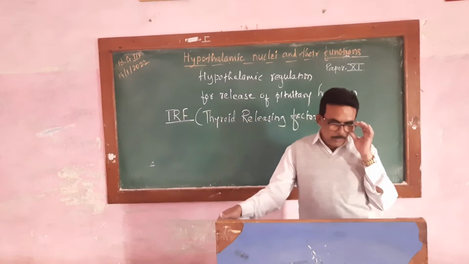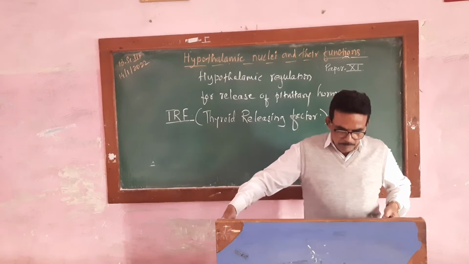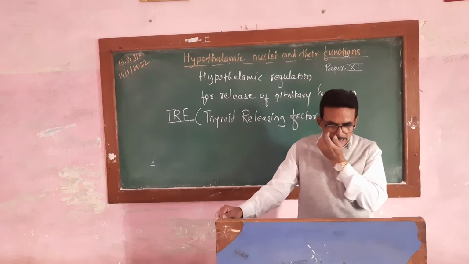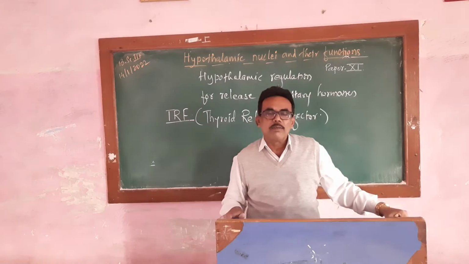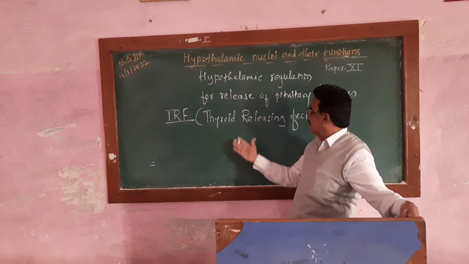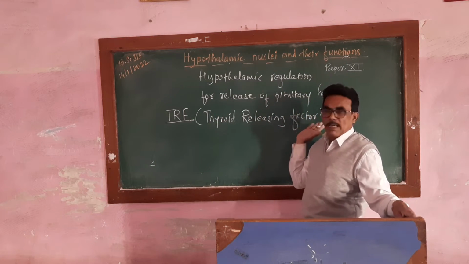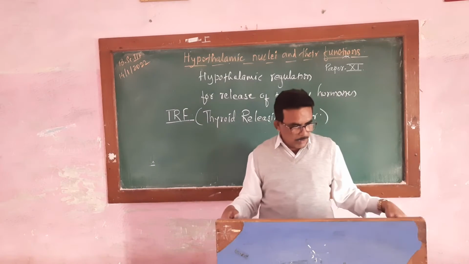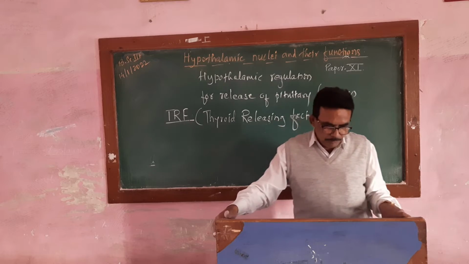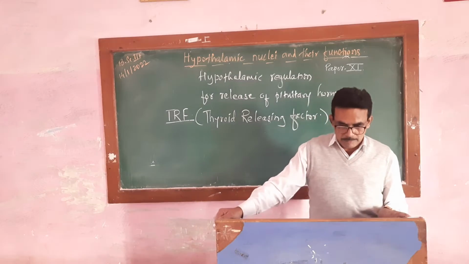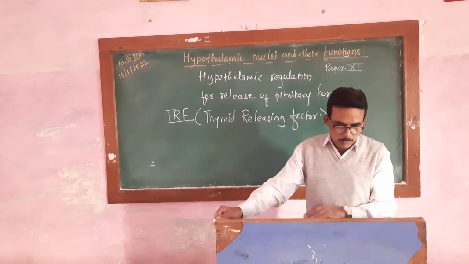So that stimulates the anterior pituitary to release the thyroid stimulating hormone. The hypothalamus secretes the TRF, thyroid releasing factor, and that will stimulate the anterior lobe of the pituitary gland to release the thyroid stimulating hormone.